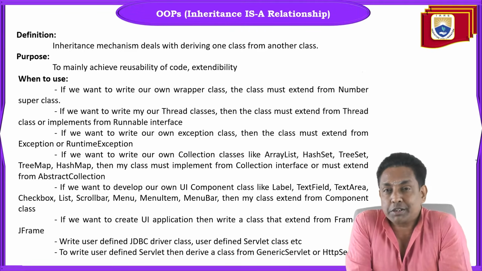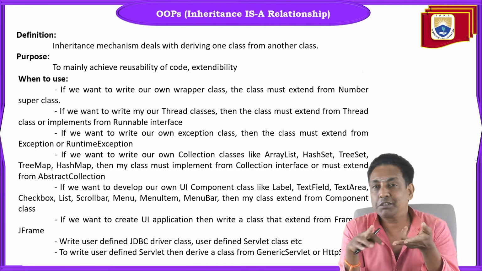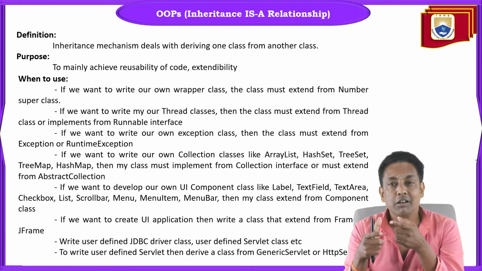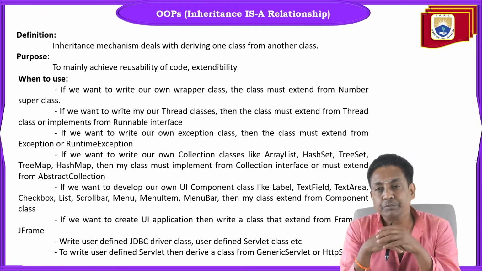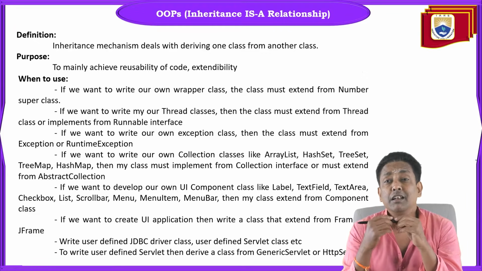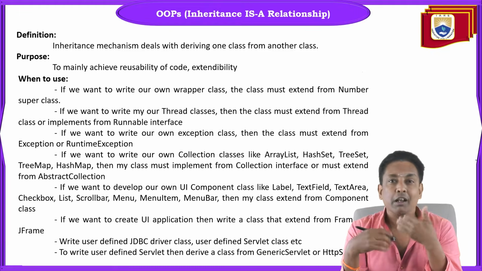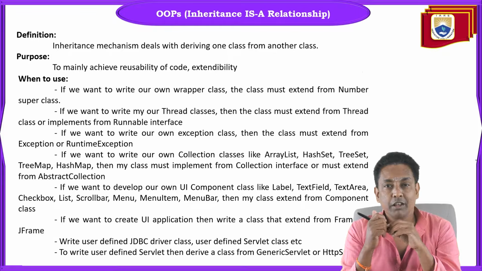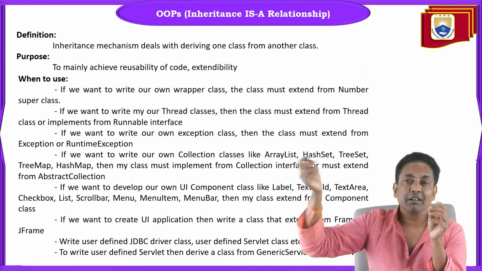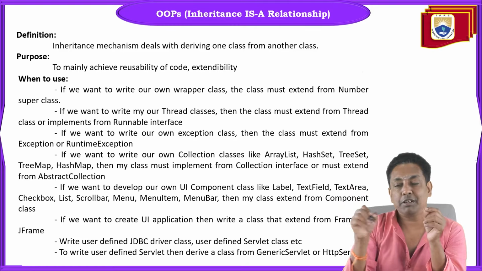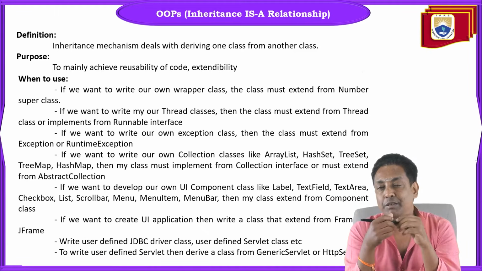Next, coming to user interface programming. I told you so many components are there: label, text field, text area, checkbox, radio button, drop down box, button, scroll bar, etc. A couple of tens of classes are there. If you want to write your own class, like we want to repeatedly generate one login form, every time you write one class, public class LoginForm extends Frame, and then two labels, two text fields, two buttons, and aligning them properly on the frame screen.